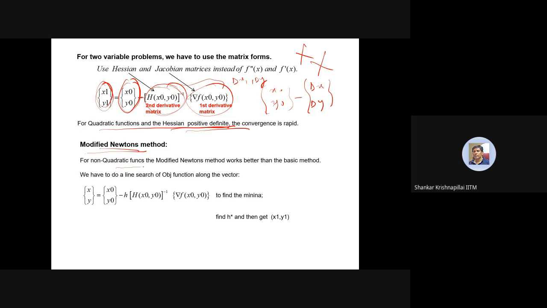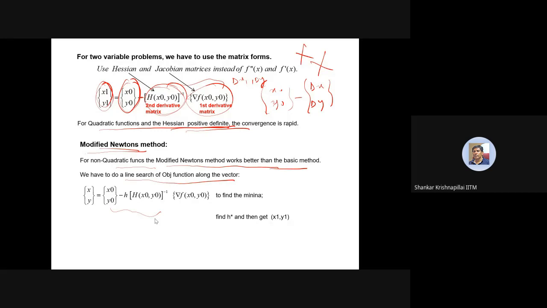So for non-quadratic functions, the modified Newton method is used, which works better than the previous method. In this modified Newton's method, we have to do a line search of the objective function along this vector.